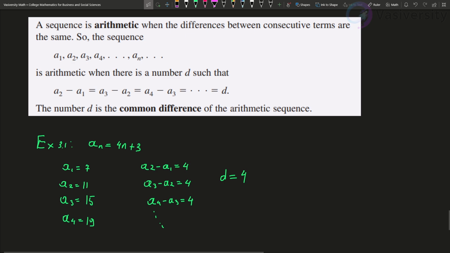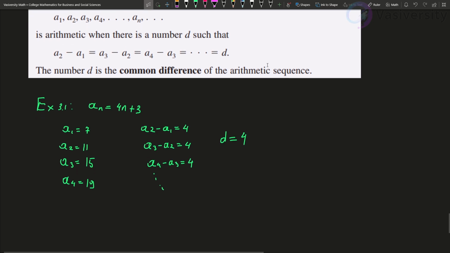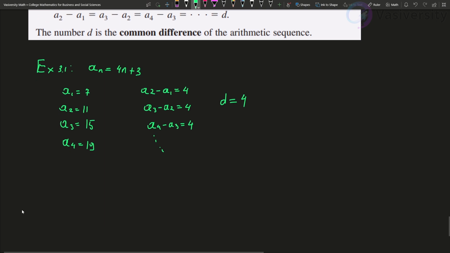Okay, so essentially, the general formula for the sequence is as follows. We have a sub 1, then a sub 2 is equal to a sub 1 plus D. A sub 3 is going to be a sub 1 plus 2D.